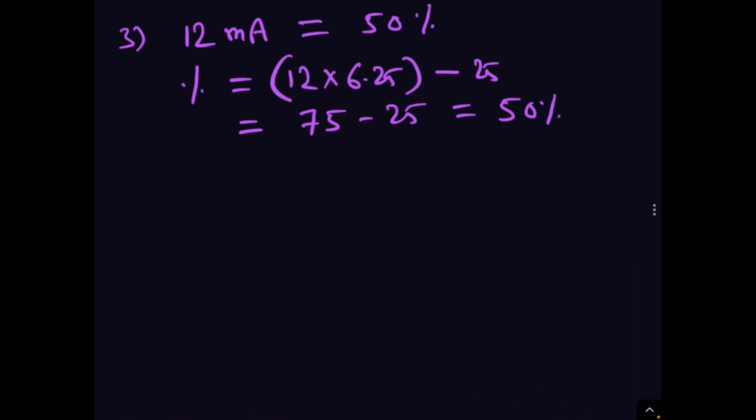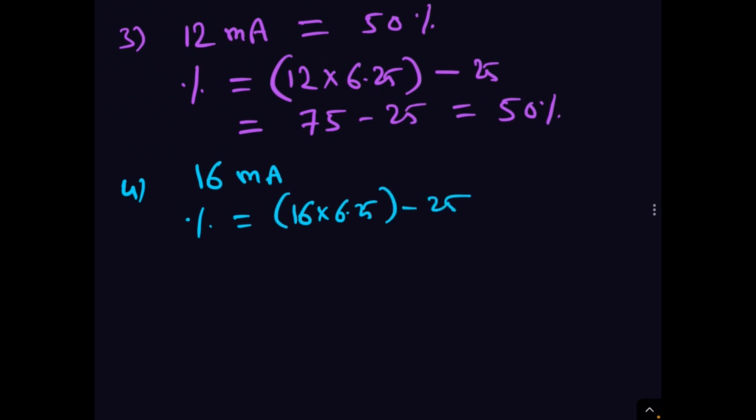Fine. Next, fourth one, how much? 16 milliamp. So 16 into 6.25 minus 25. So 16 multiplied by 6.25 is equal to 100, minus 25. That is equal to how much? 75%. So 16 milliamp is equal to 75%.